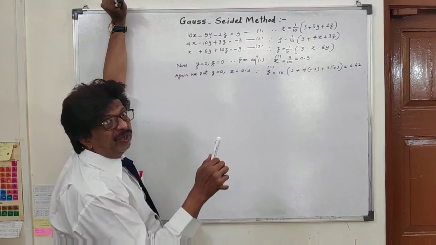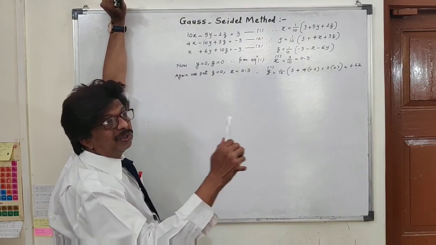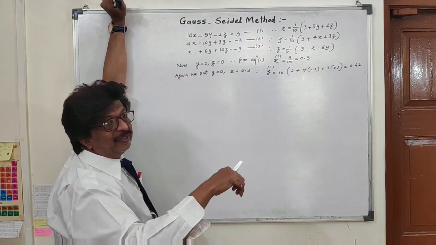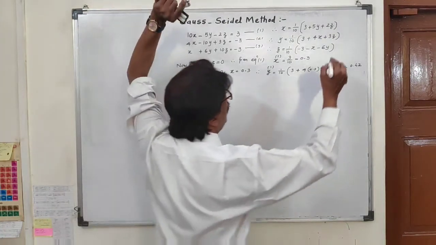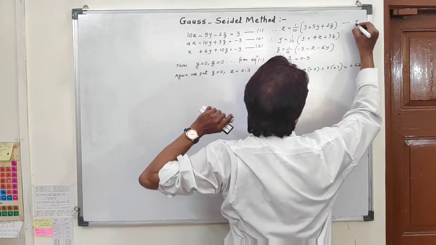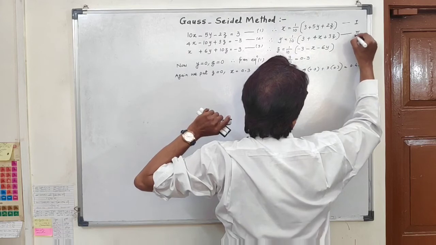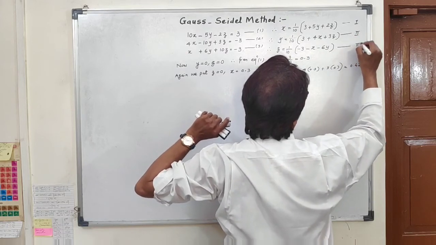So from the first equation, I put y equal to 0, z equal to 0. Let me call these equations Roman 1, Roman 2 and Roman 3.